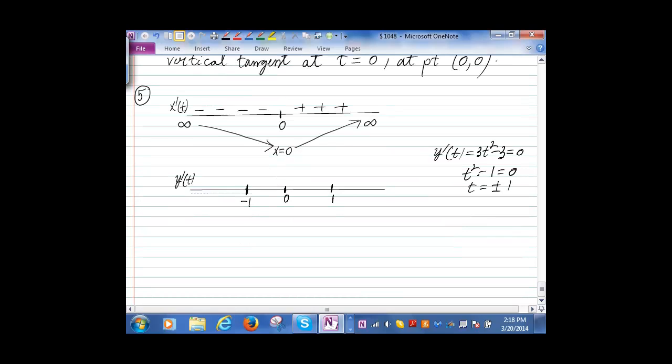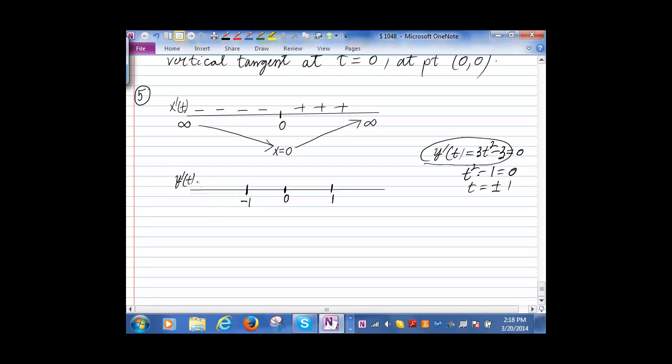So what's going on to the left of negative 1? Is y increasing or decreasing? Well, what's the sign of the derivative of y on the left of negative 1? Well, all you have to do is plug in negative 2 in the derivative of y, right? So it's 3t squared minus 3. If you plug in negative 2 there, you get what?